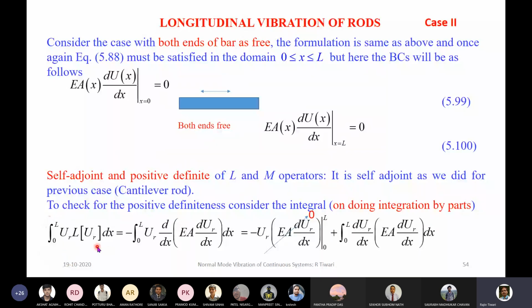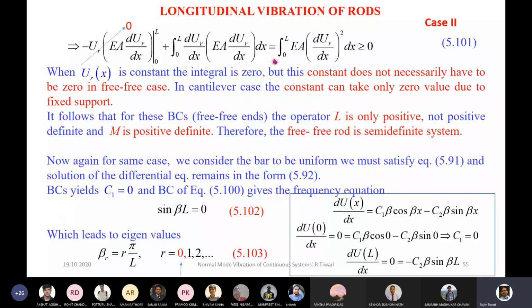So here we are doing integration by parts. When we are substituting the L operator, the operation is the same as the previous one, but the interpretation will be different. So here when we integrated by parts, the first part here also is 0, and we got this. So in the previous case also we got exactly the same expression, but now let us see the interpretation of this. So this quantity, because here U_r and U_r both are the same, we are checking the positive definiteness.